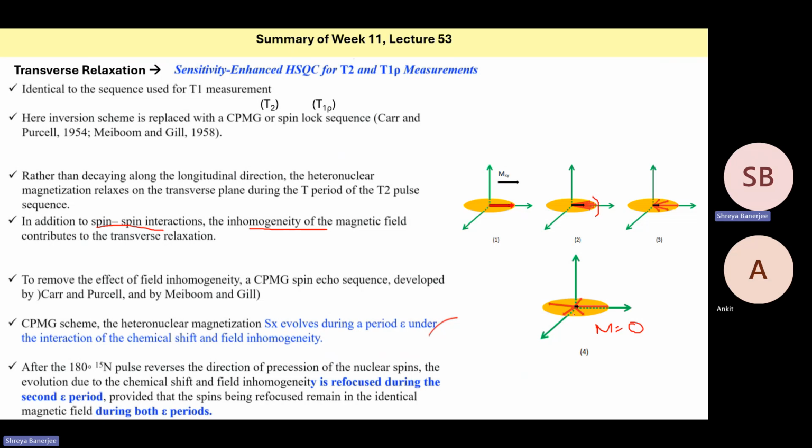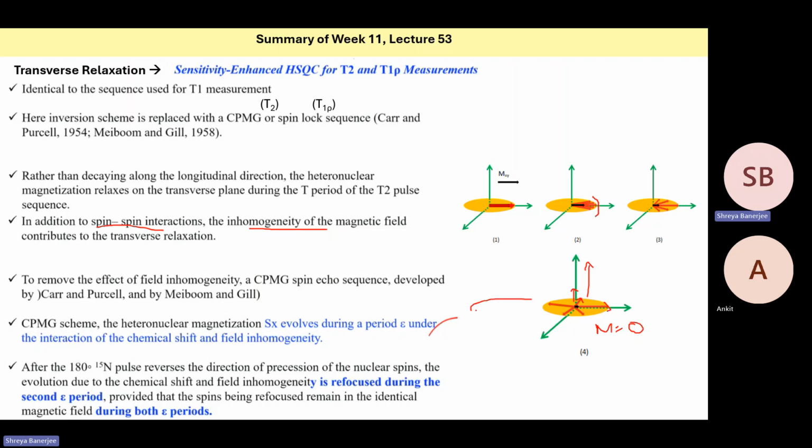After this, what happens? So this is when the pulse is given. Now all these magnetizations will reduce and try to come back along the Z direction, which was the original direction of magnetization. This is called transverse relaxation, where all these XY component magnetizations will reduce.